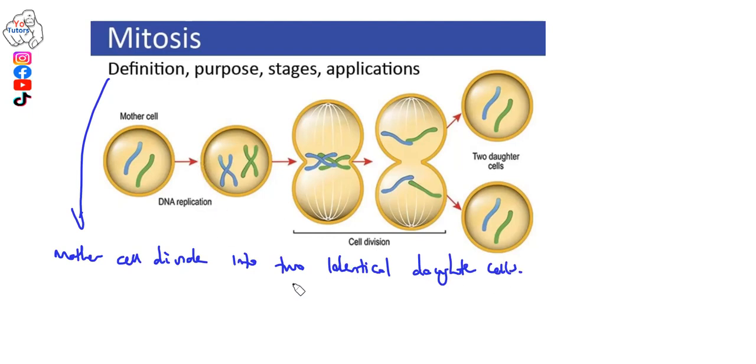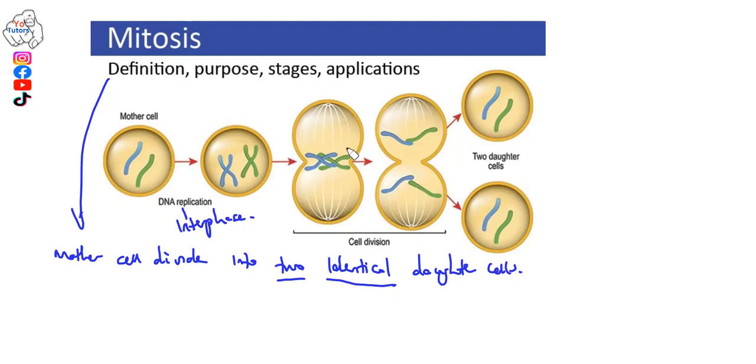With the mother cell, DNA replication takes place. Remember, we need enough DNA so that it can be shared amongst the daughter cells. And when is DNA replicated? During interphase.